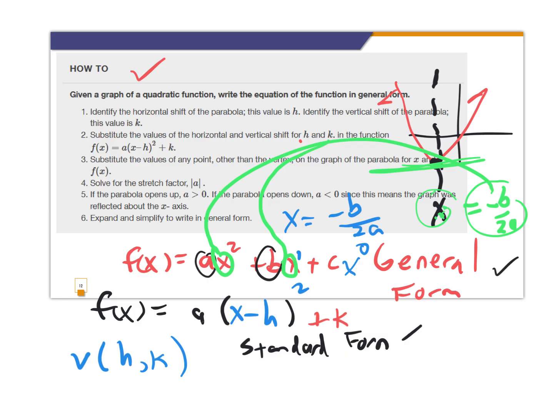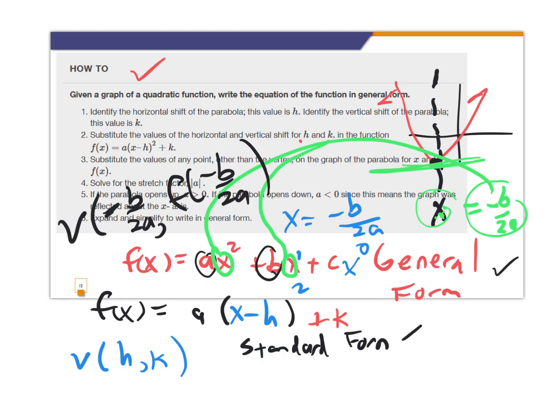So my vertex in this case would be, and I said this in the other presentation, the x value is minus b over 2a, and then I'd have to plug that in, so f of minus b over 2a, whatever answer that was, I'd have to plug it into the two x's that are in there to get the vertex.